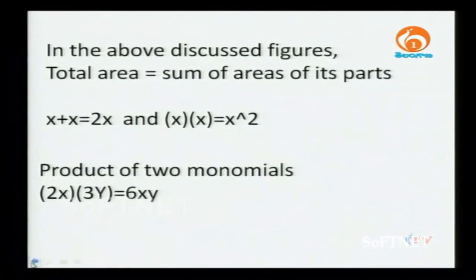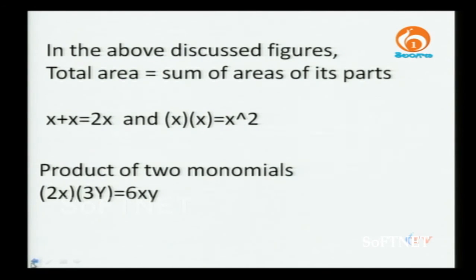In the above discussed figures, we observe that total area is always equal to the sum of areas of its parts, and further we can observe that x plus x is always equal to 2x, because x is the length of one line segment and another x is the length of another line segment.